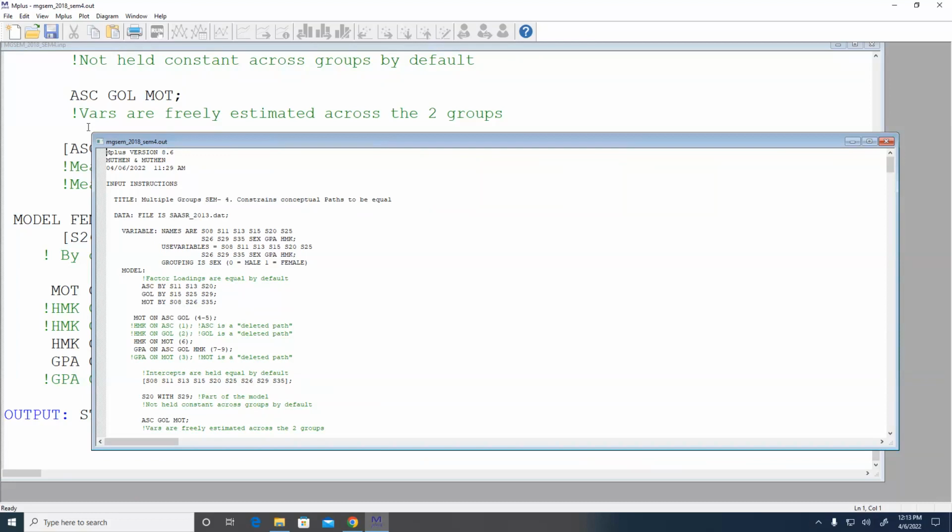Now, if you go to page 52, this actually is a place where modification indices could help you. When I look at the modification indices printed out here, I notice a few things. First, do you notice that every single modification index printed on this page has goal in it?